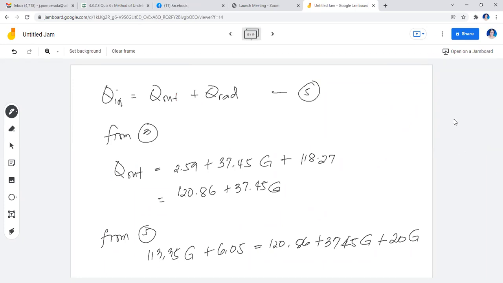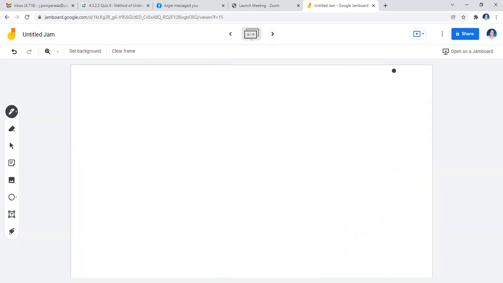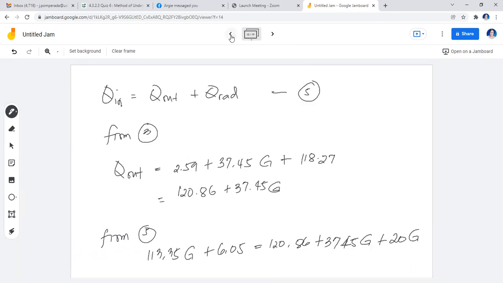So you'll be able to solve here for the first requirement, which is G. Okay, can you solve for G? 120.86 minus 6.05, divided by 113.35 minus 37.45 minus 20.